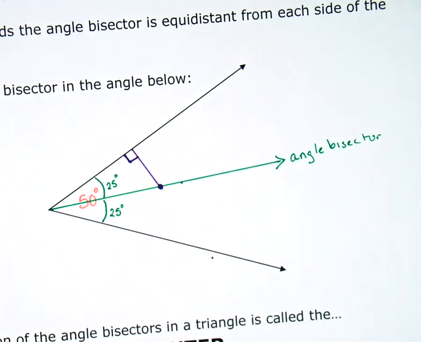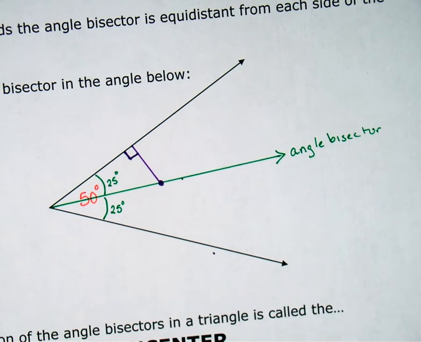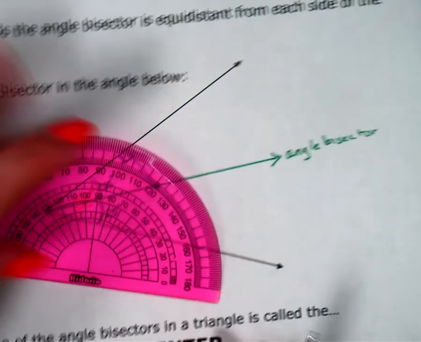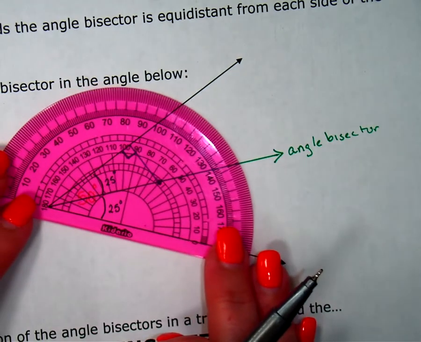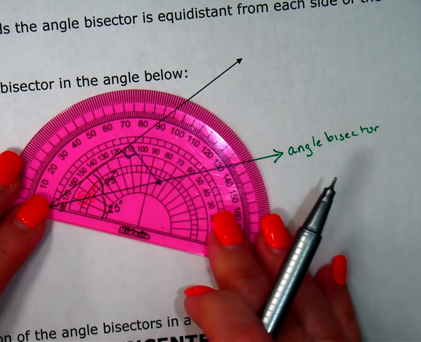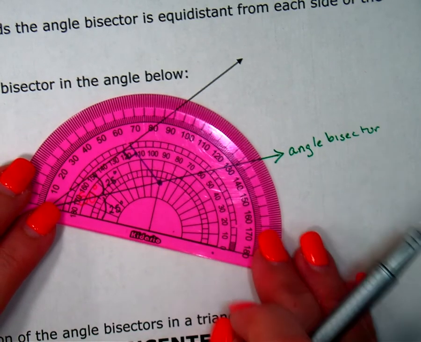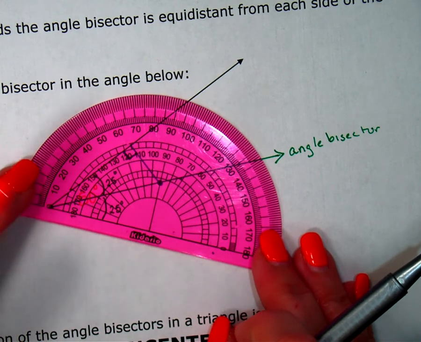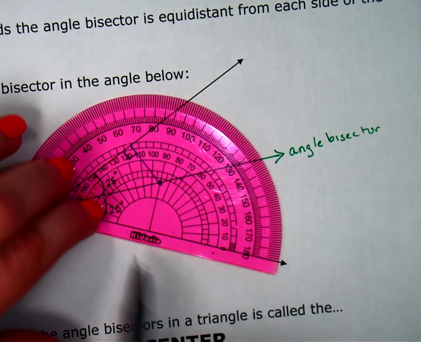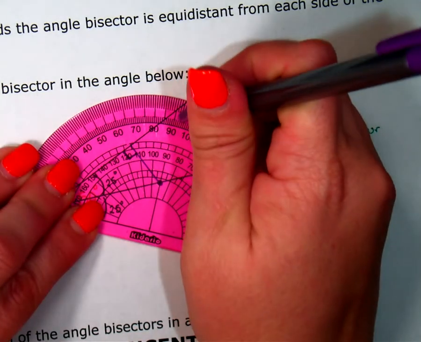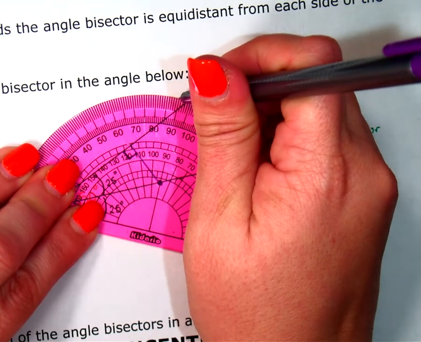So I end up here with a 90-degree angle. And then I'm going to do the same thing from this point with this side. So I'm going to line the protractor up with this side, and when this line that goes up to 90 goes through that point, that's where I'm going to stop. Then I'm just going to make sure that I'm lined up along the line, and I'm going to come up here and put a dot at the 90.